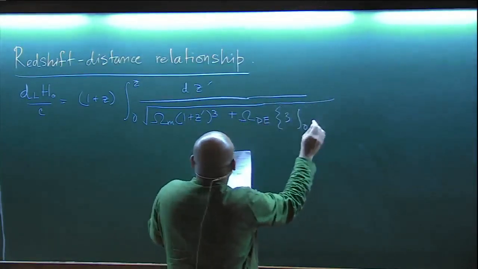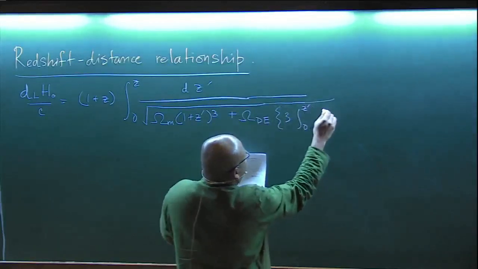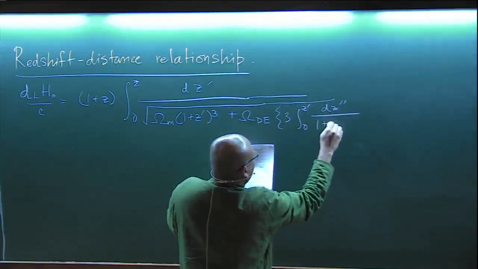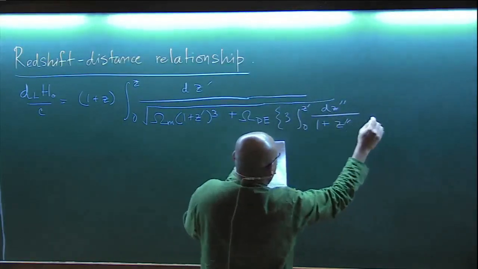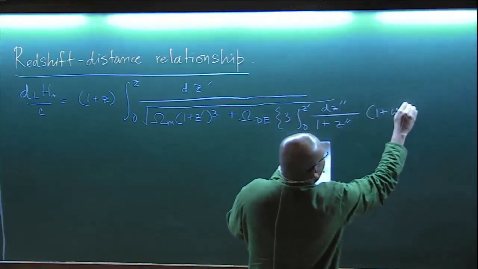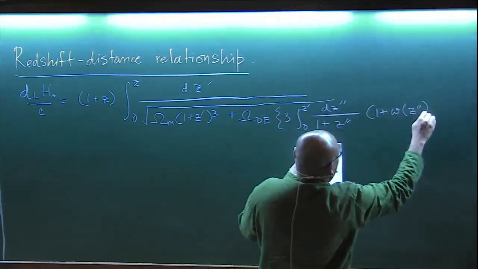It can go as an integral from 0 to z prime of 1 plus z double prime of 1 plus the dark energy equation of state parameter.